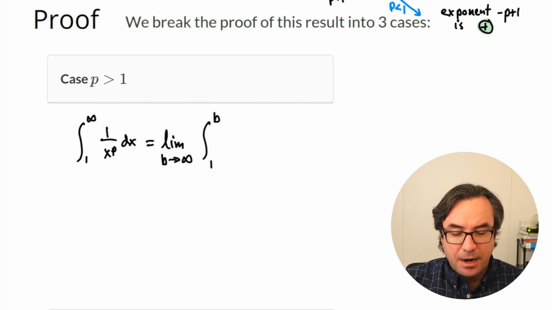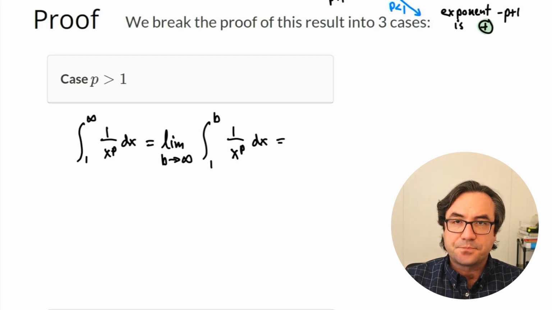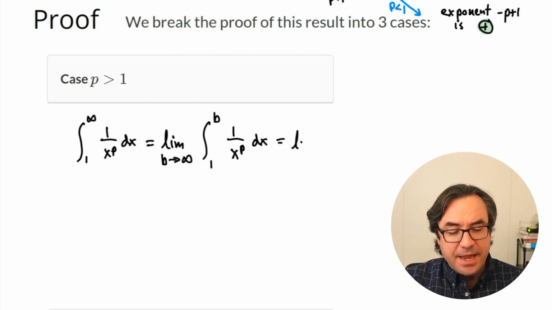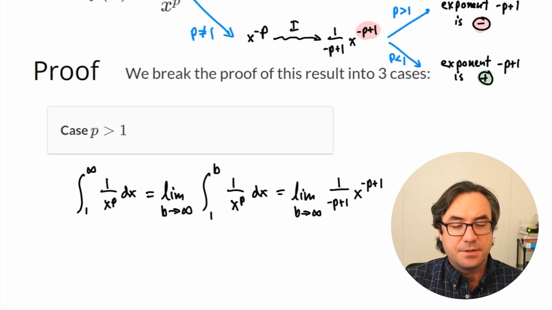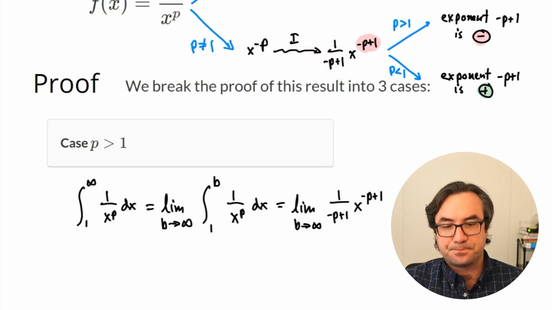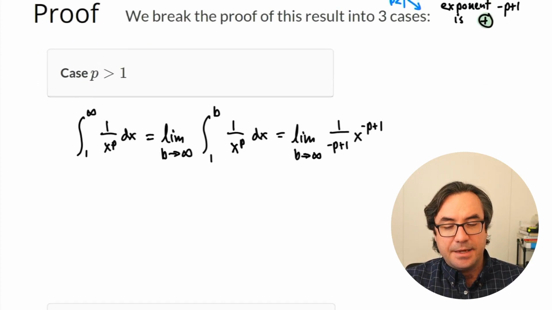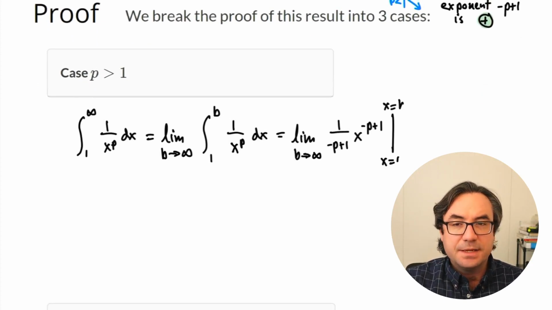And then our function is 1 over x to the p. All right. So we get the antiderivative, and when we did that above, we used the power rule, and we got x raised to the negative p plus 1 with 1 over negative p plus 1 in front. So that's what we got for our antiderivative in that case. And then we're going to evaluate this from x equals 1 to x equals b.